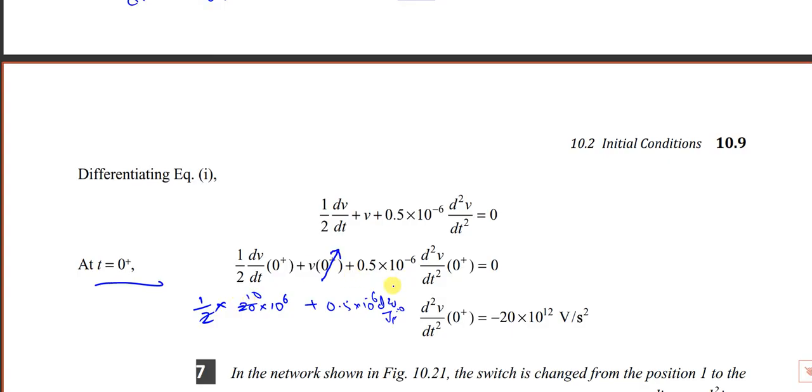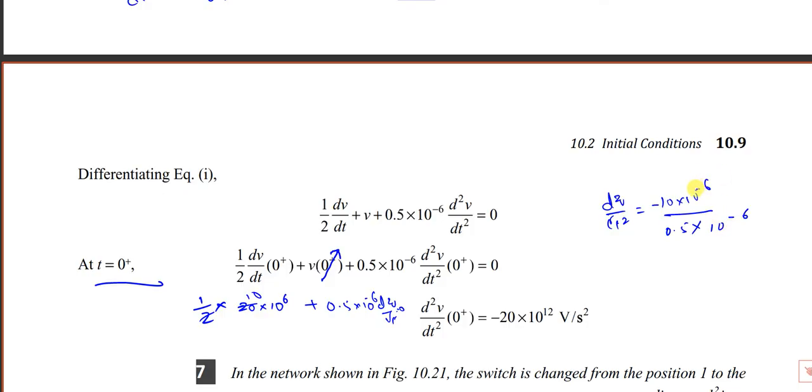And you bring this 10 power, this I will write here: d²v by dt² is equal to, you bring this 10 into 10 power 6 to the right side, it becomes minus, and this term should come in the denominator because only this part is divided by this, so it becomes 0.5 into 10 power minus 6.